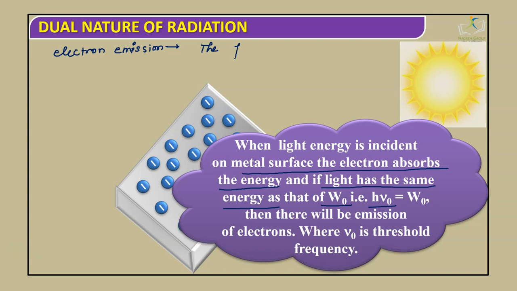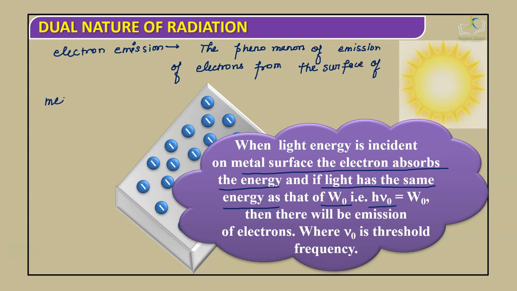The phenomenon of emission of electrons from the surface of the metal is called electron emission.